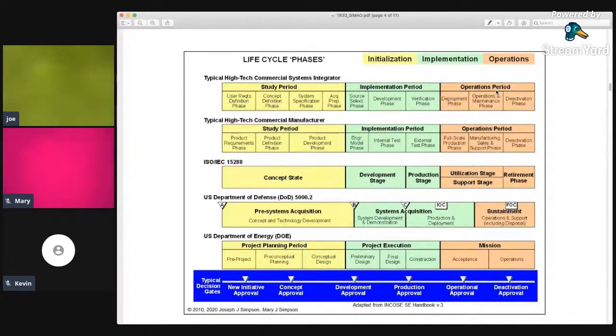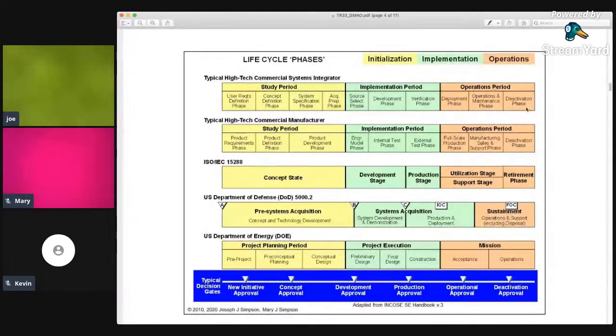So in each case, it's essentially the same. You have an initialization process where you determine what type of system you're going to design, and then you go through and design, develop, and implement that system. And then, of course, you operate it.